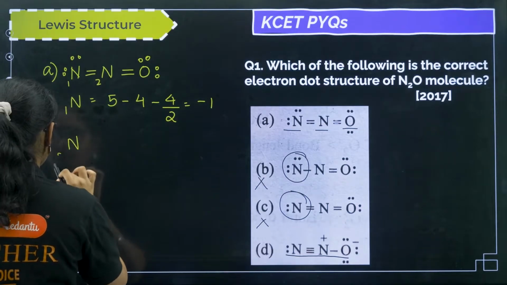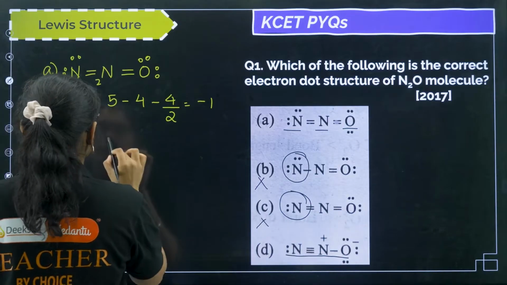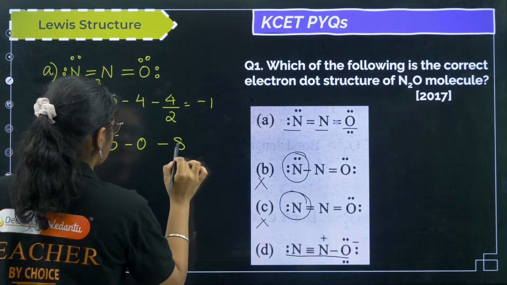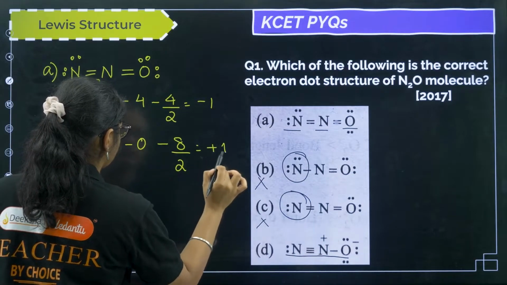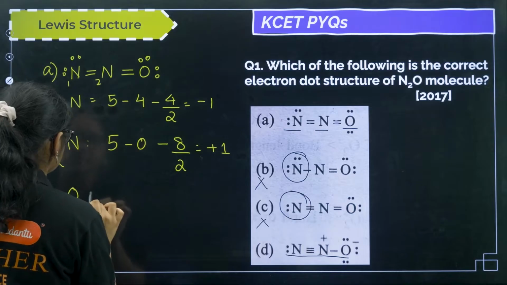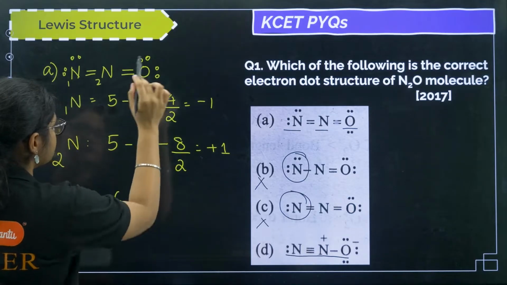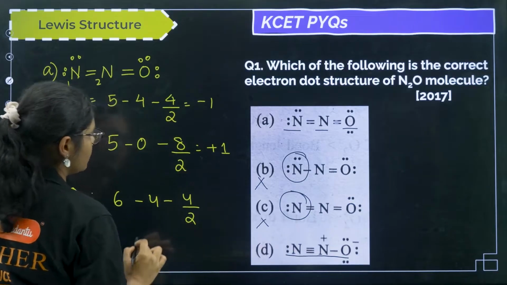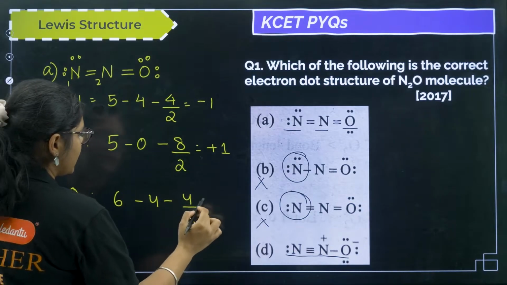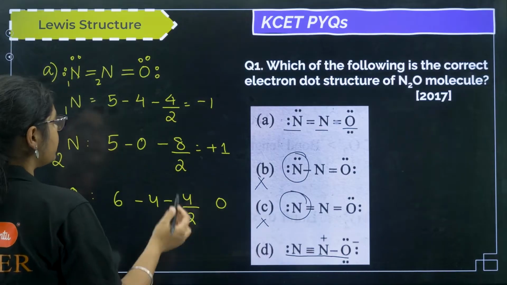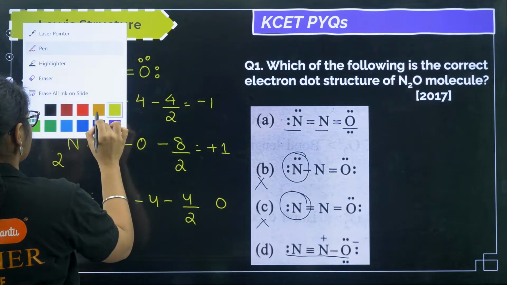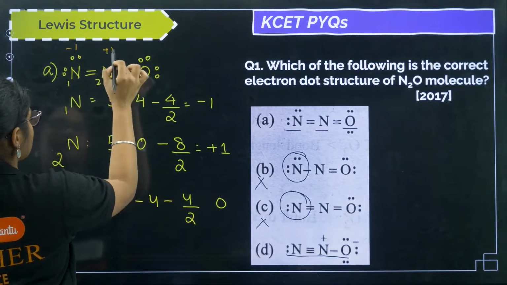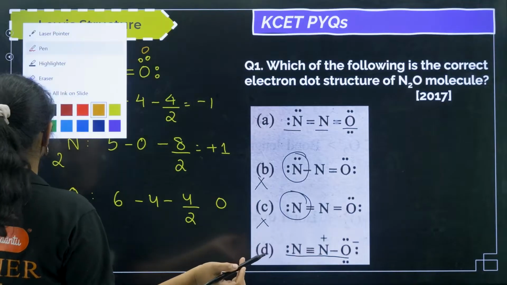For N2, it is 5 minus 0 minus 8 by 2, which is plus 1. For oxygen, valence electrons are 6, non-bonding electrons are 4, and bonding electrons are 4 by 2, so I get 0. So the formal charges are minus 1, plus 1, and 0 for option A.